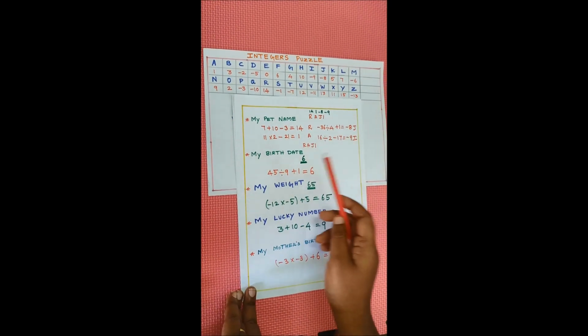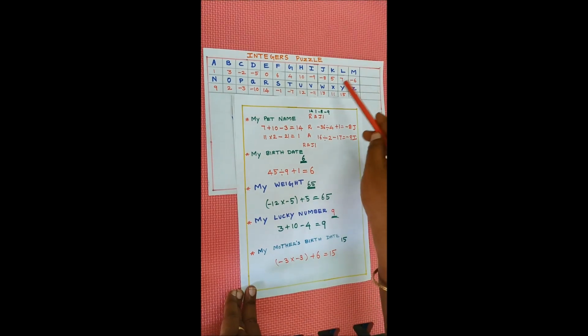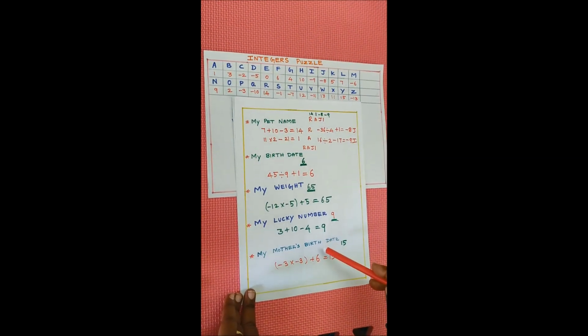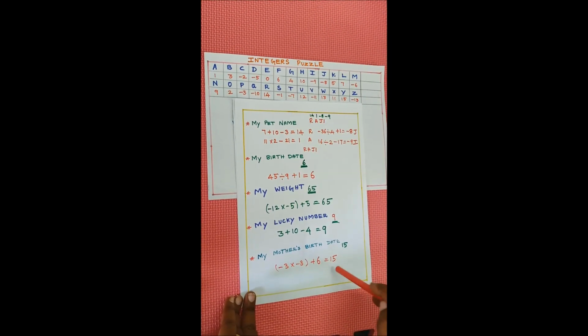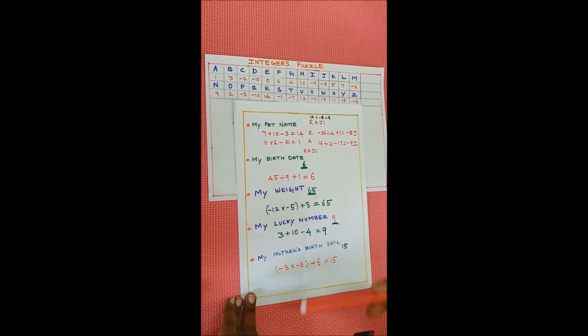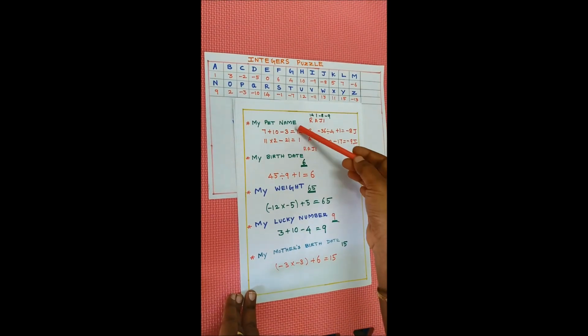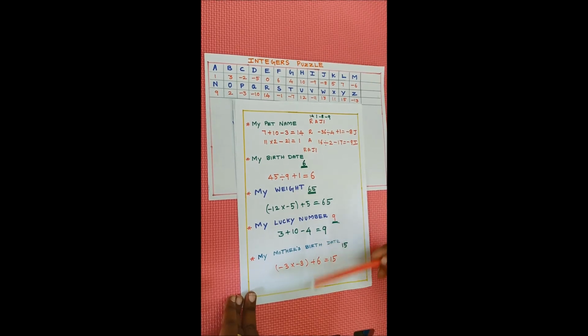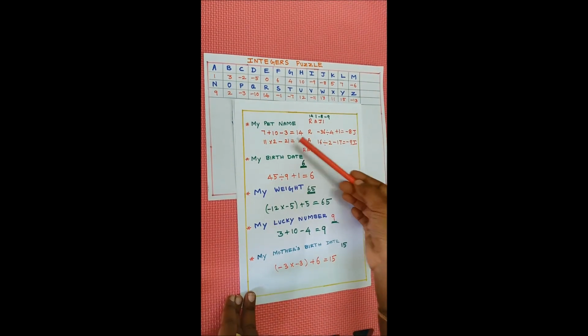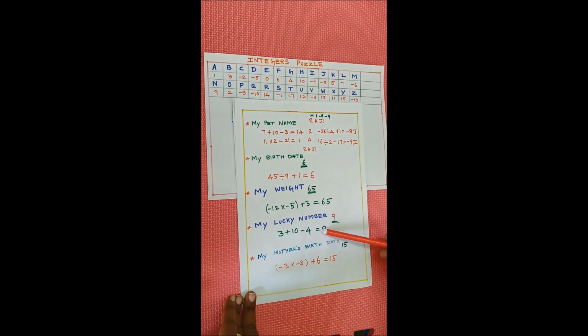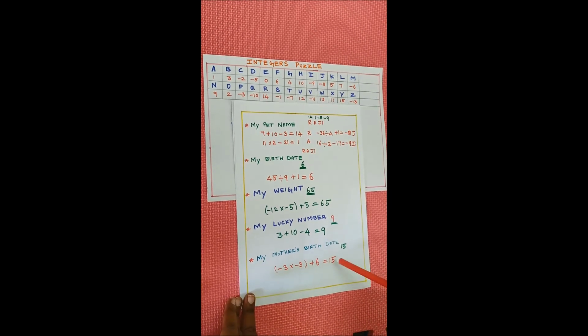Okay, so you will be getting this example in your activity video, but you will be getting your activity sheet to solve yourself. You will be having this set of questions. You have to create your identity: your pet name, your date of birth, your weight, your lucky number, your mother's birth date.